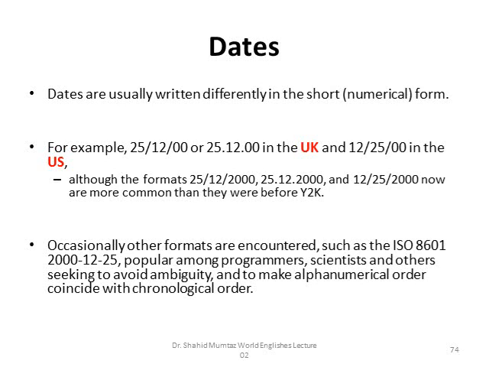Usually year is enough, so that's why. So this format is popular among programmers, scientists, and others seeking to avoid ambiguity and to make alphanumerical order coincide with chronological order. So this is also helpful to create a chronological order.